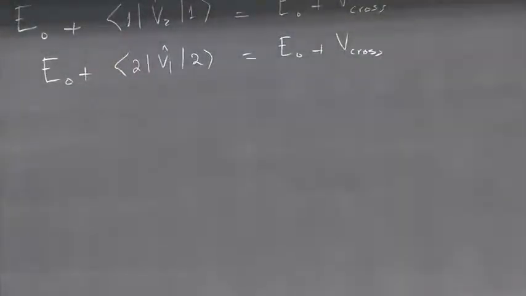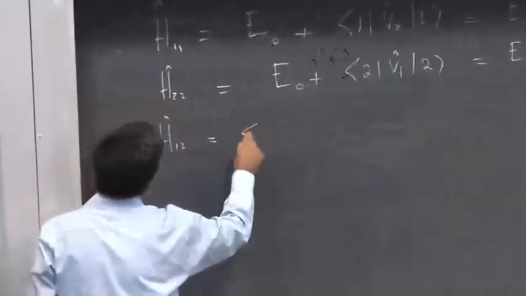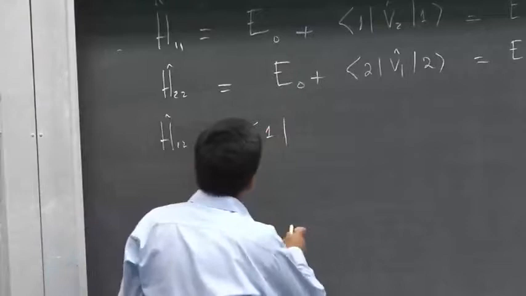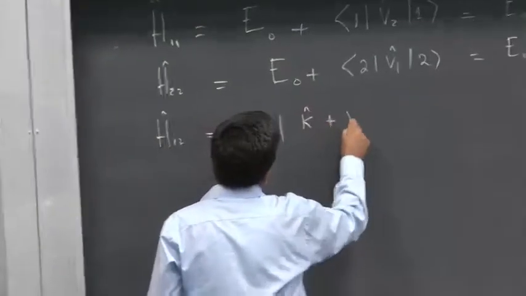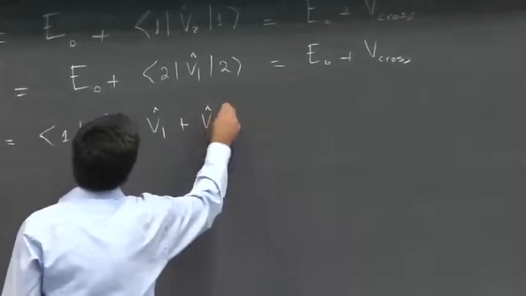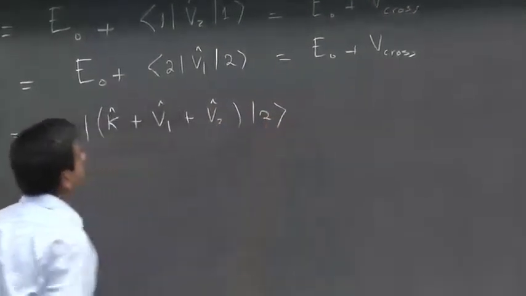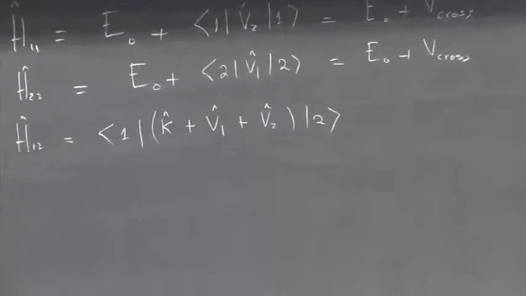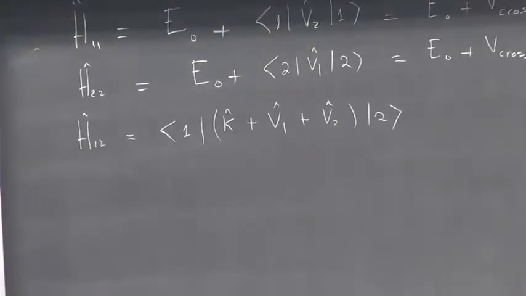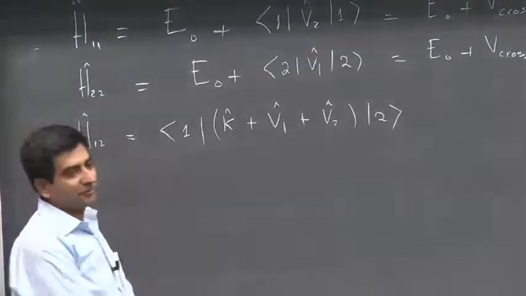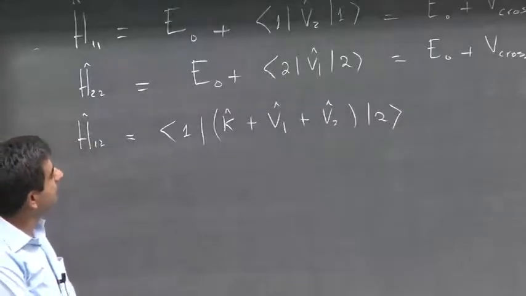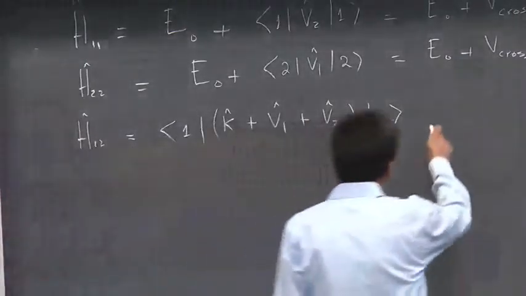Now H12, if you look at H12, this is 1, the Hamiltonian, which is K plus V1 plus V2, 2. Now, what is this term going to be equal to? This term is not going to be equal to 0.